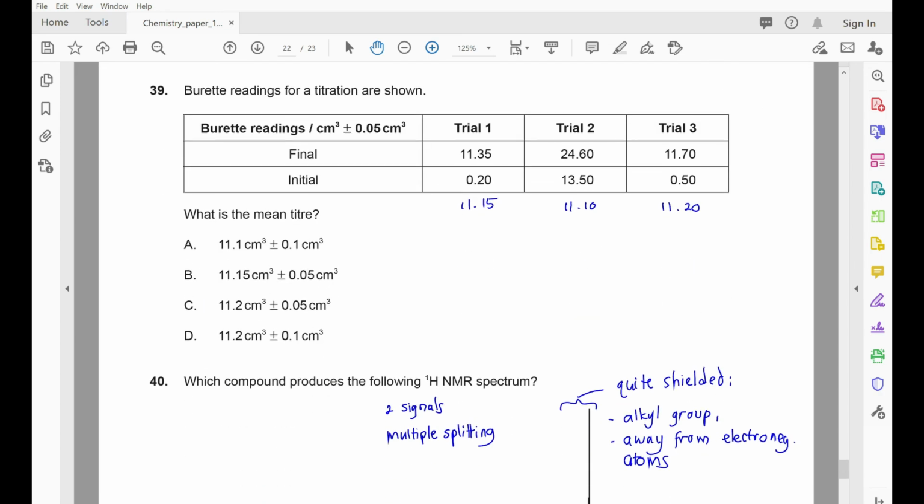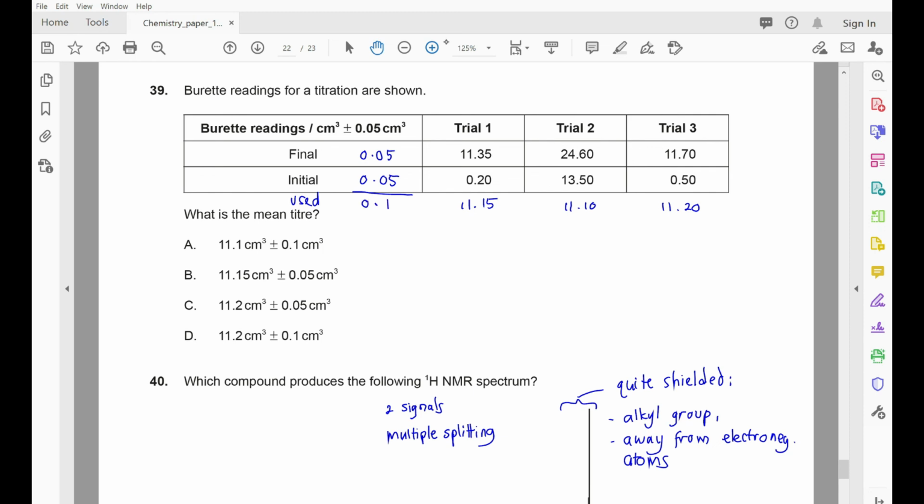Burette reading is accurate to 0.05 cm cube. Okay, so I have calculated the volume of the solution used. And because the volume used is just final minus initial, we need to find the uncertainty by adding up the uncertainty of the final with the uncertainty of the initial reading, which will give us 0.1.